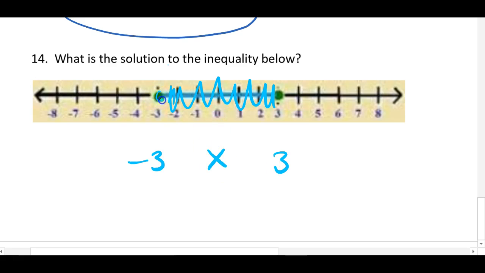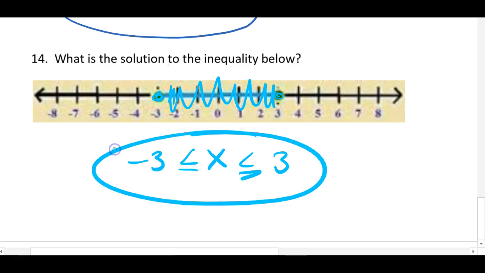And you see that we have a closed dot on both sides, so that means it's going to be less than or equal to. So less than. Sorry, I've had so much delay on my pen. But, oh, there we go. All right, there's my answer.